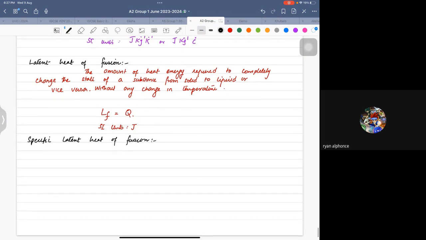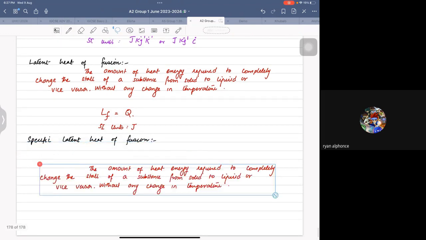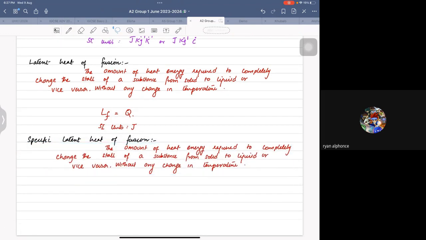For this one, basically the only change is that it's the same definition really, but instead of writing the amount of heat energy, now we will be writing the amount of heat energy per unit mass.